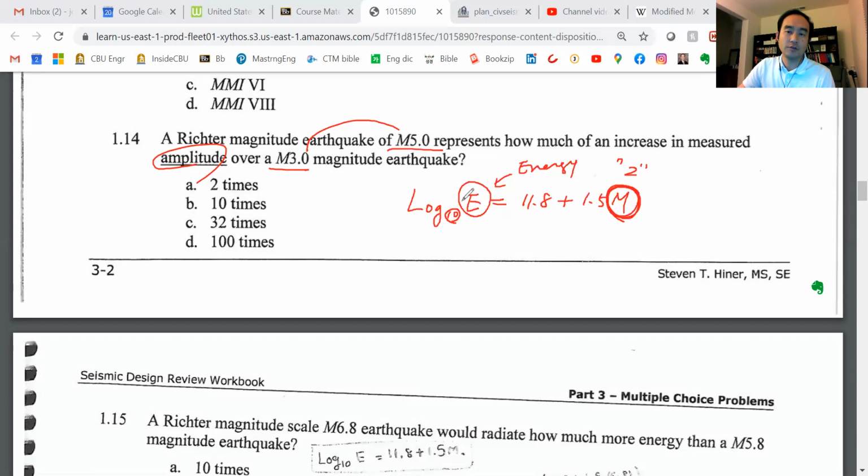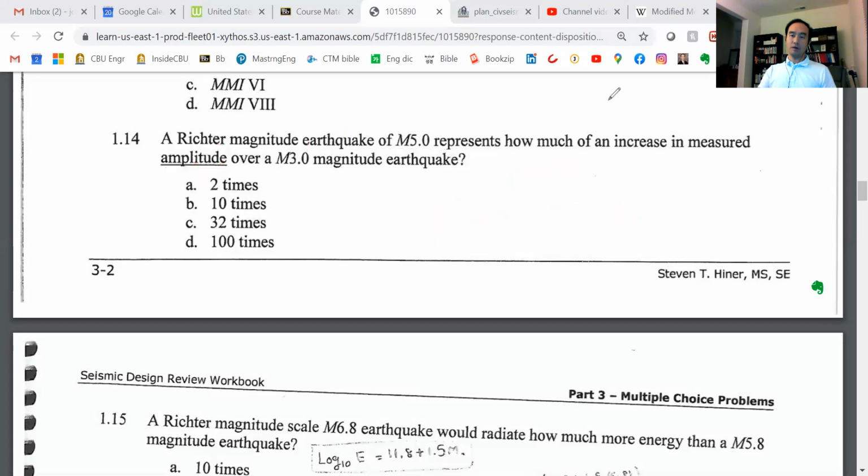So in terms of the energy and in terms of the amplitude, it should be 100 times, so that when you plug it in here, it is going to be 2, right? So that is going to be the same as the difference in terms of the magnitude. Okay.